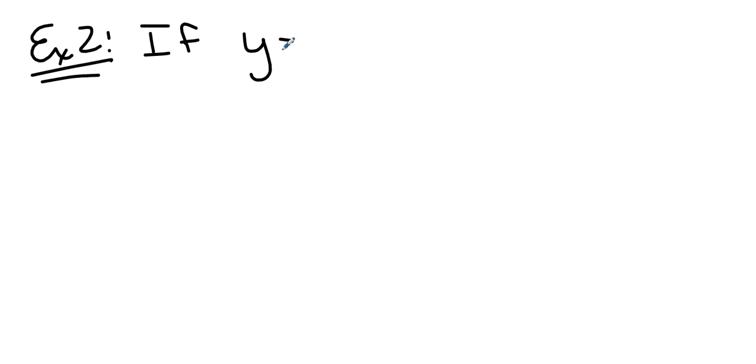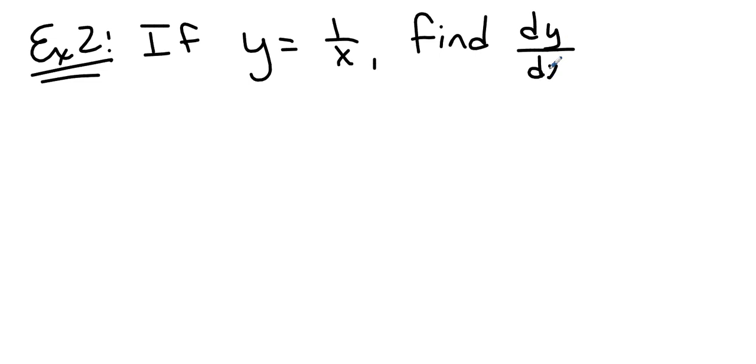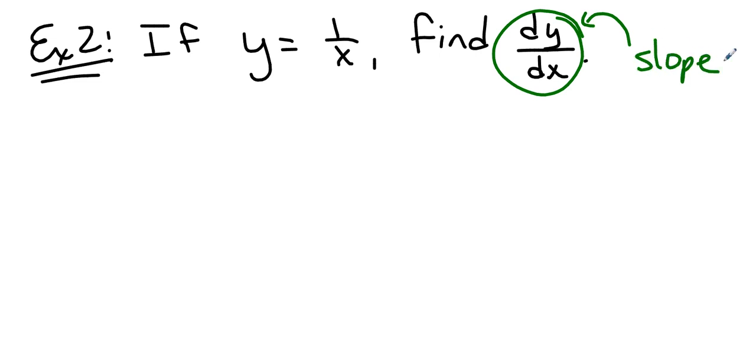If y equals 1 over x, find dy dx. This is Leibniz's notation for a derivative. And Leibniz's notation reminds us that a derivative is a slope.